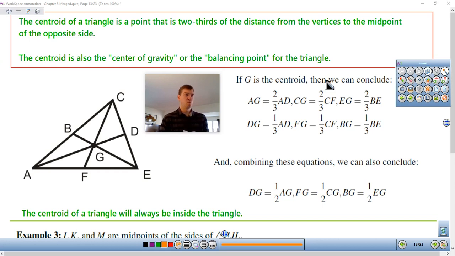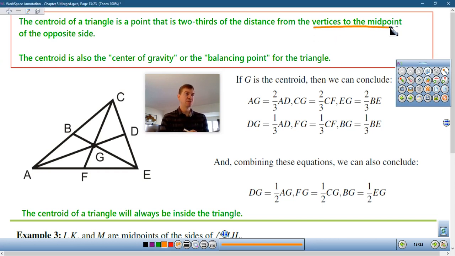So when we go from the vertices to the midpoint of the opposite side, that's actually the median itself. The centroid is 2/3 of the way across the median when you're leaving from the vertex.